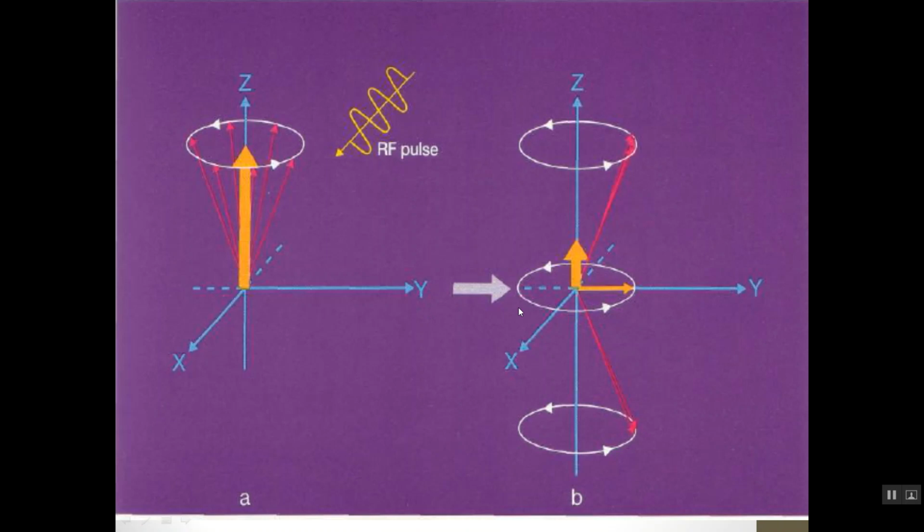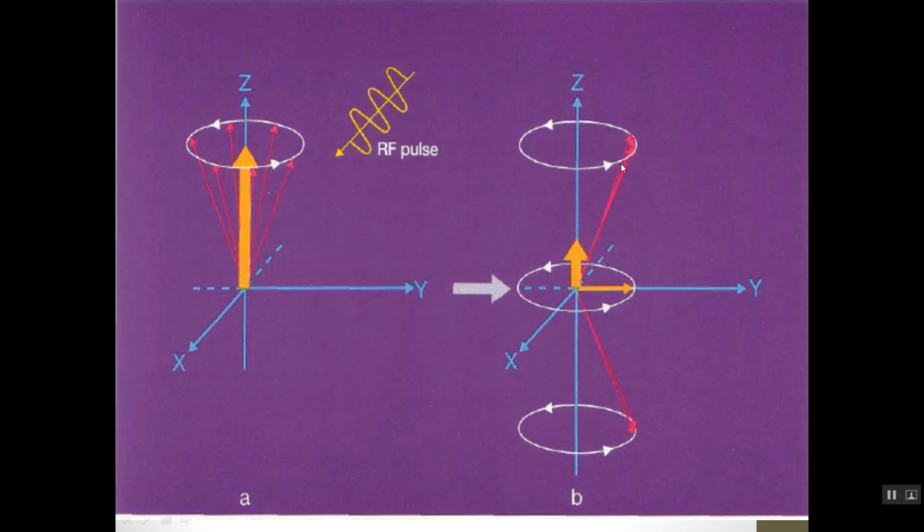And I'll find another magnetization vector appearing in the XY direction, which is called transversal magnetization, because some protons here acquire energy from the radio frequency pulse and will be in the other direction, the excited state.